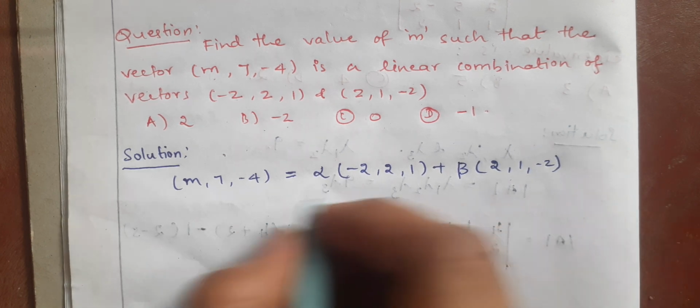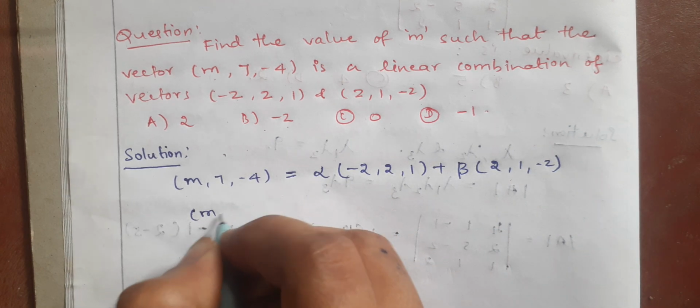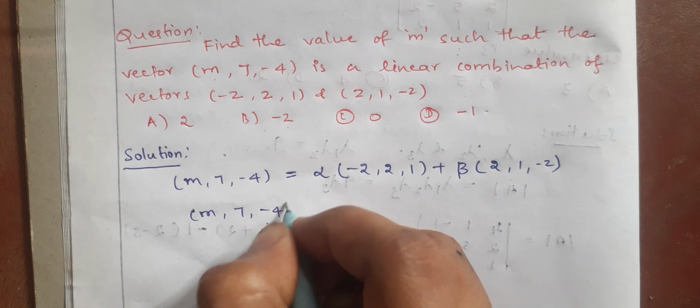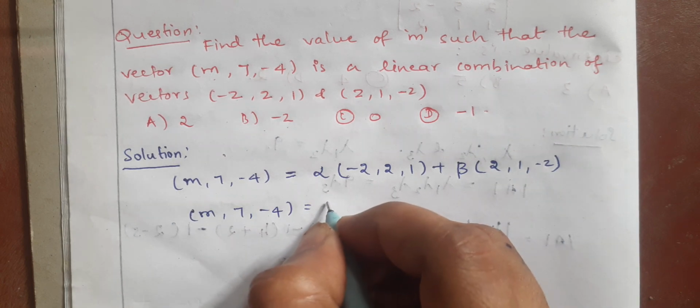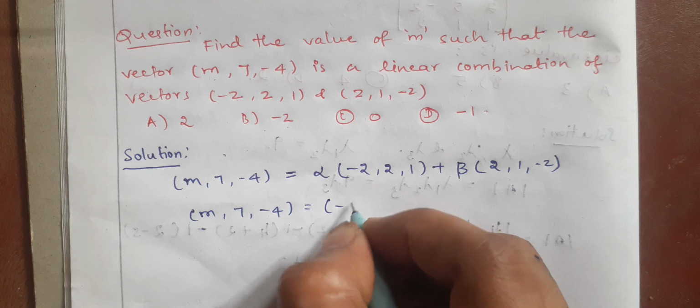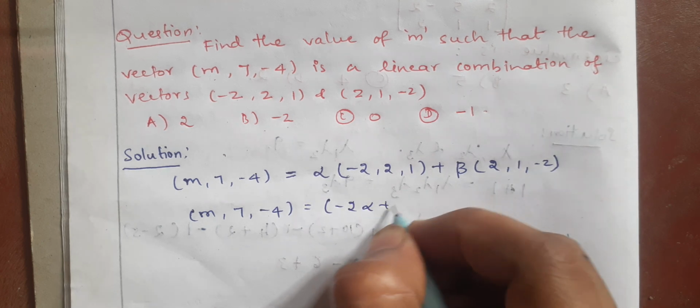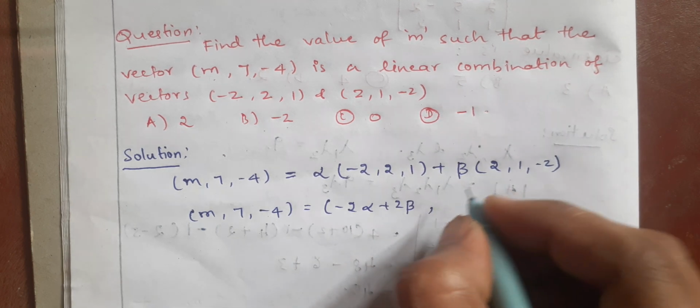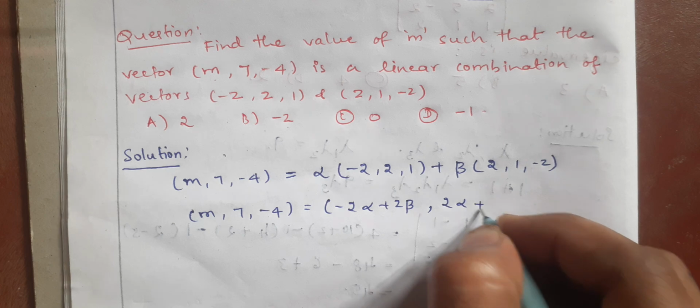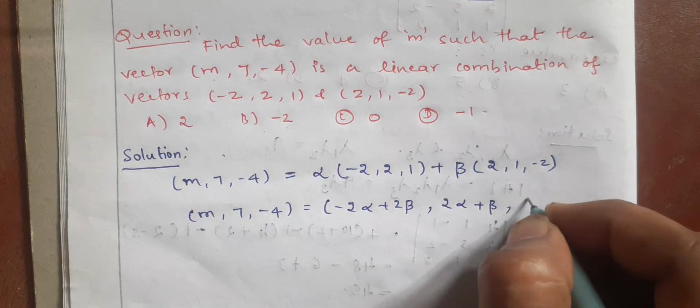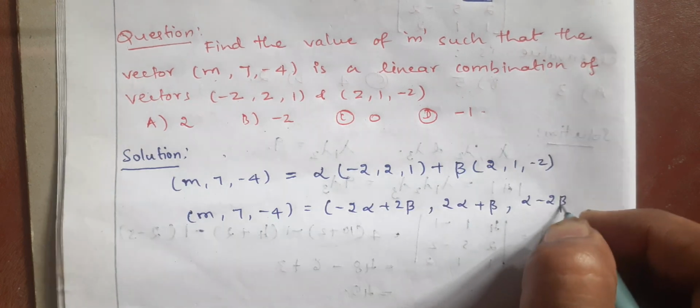After simplification, we get (m, 7, -4) is equal to (-2 alpha plus 2 beta, 2 alpha plus beta, alpha minus 2 beta).